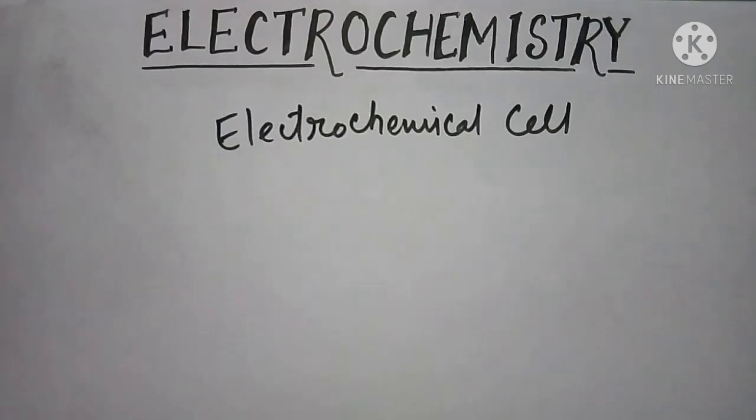Mainly there are two types of electrochemical cell, because in an electrochemical cell we can convert chemical energy to electrical energy, and we can also use electrical energy to carry out a chemical reaction which is non-spontaneous in nature.